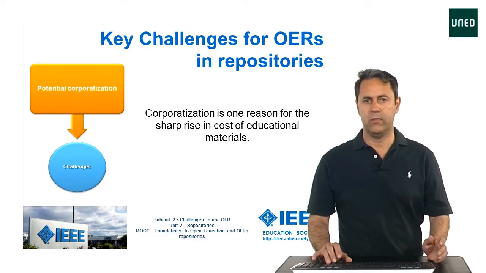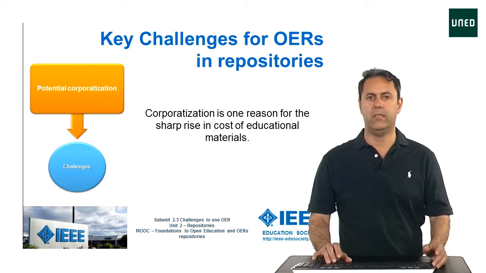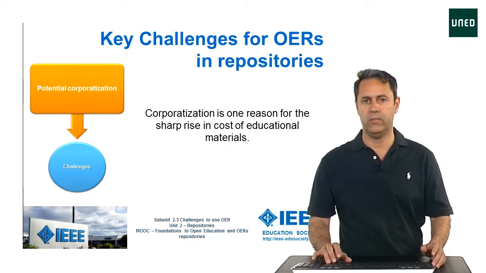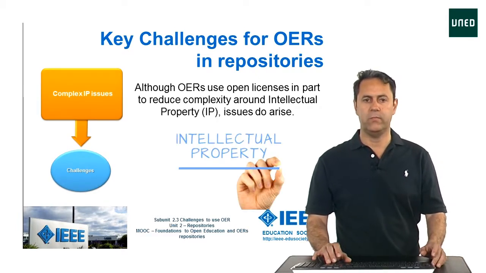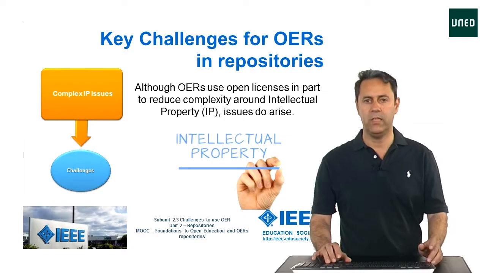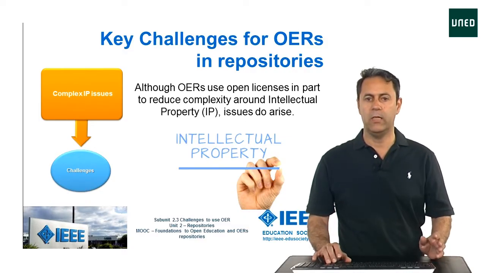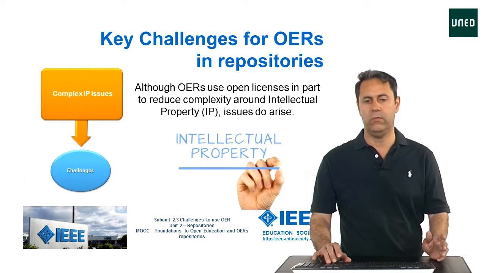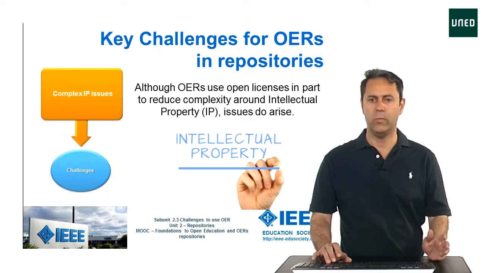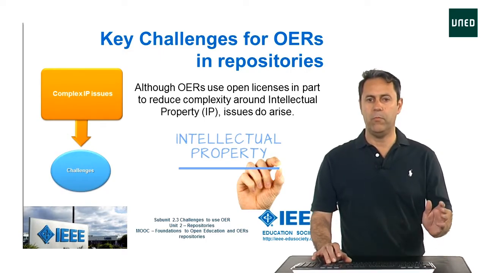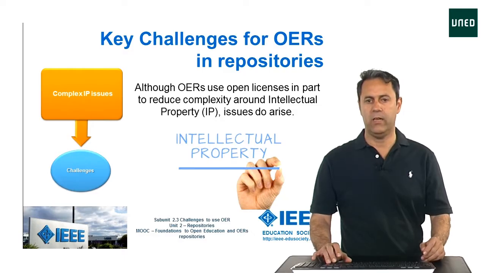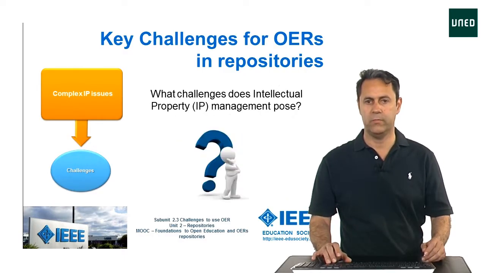Private companies can take the property of the openness of the open educational resources, and this is another risk. Thirdly, this is really, really important, intellectual property. That means that although open educational resources use open licenses, in part to reduce complexity around intellectual property, let's see more things about it.